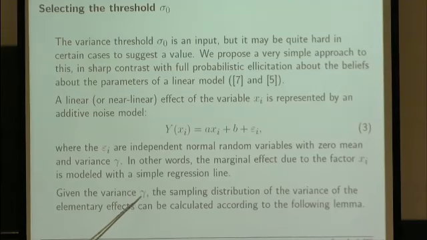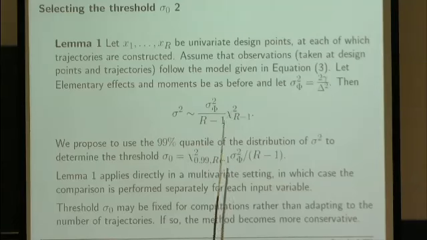Now, given the variance gamma, the sampling distribution of the variance of the elementary effects can be calculated according to the following lemma, which in fact looks more complicated than it is, but it's just the sort of material we would normally teach our students in a course like mathematical statistics.